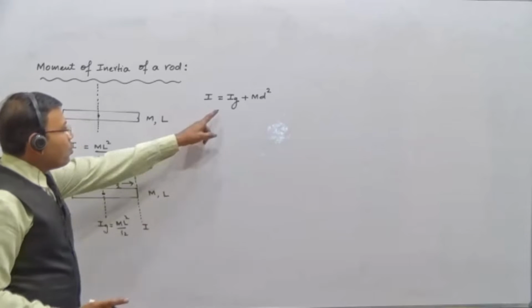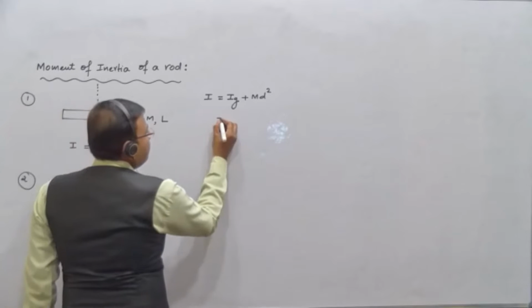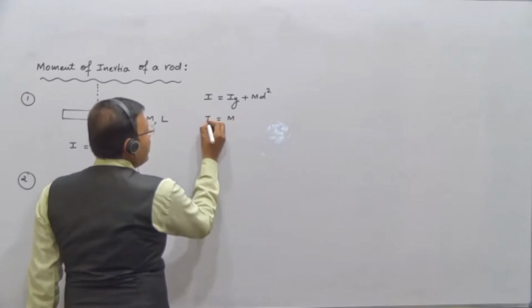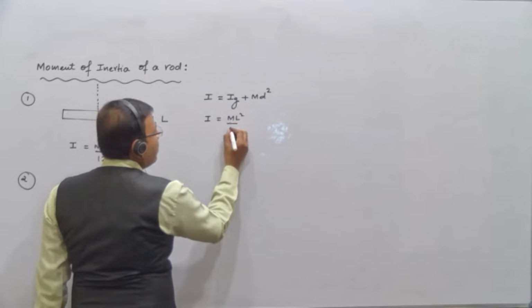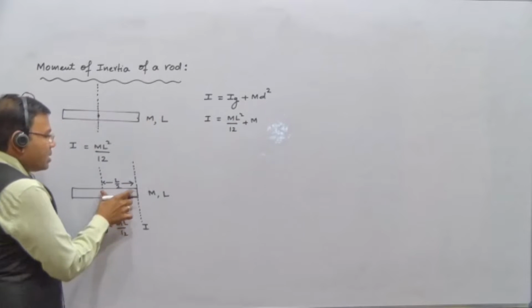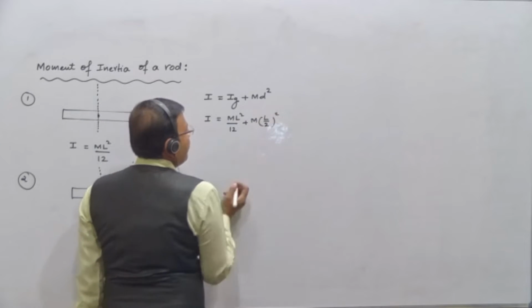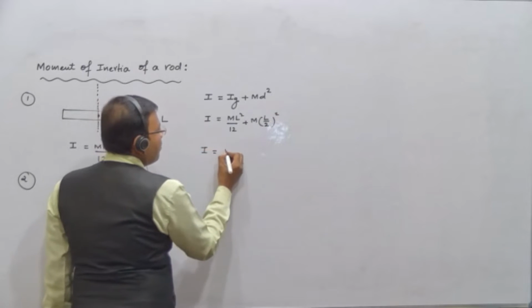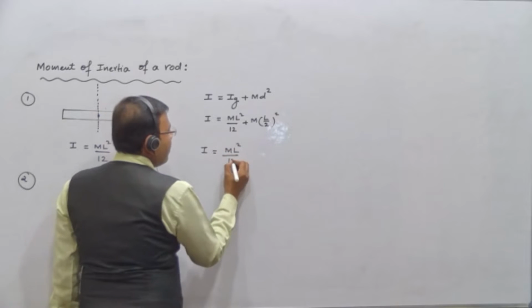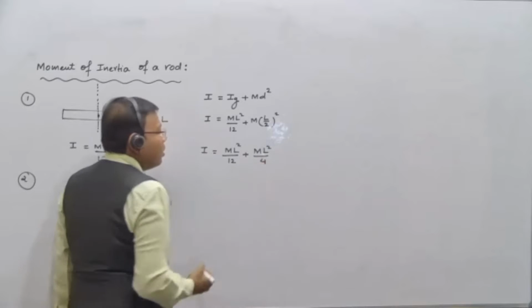So if I go with this, Ig is ML square by 12, plus M d square. d is nothing but L by 2, so I take L by 2 square. So I equals ML square by 12 plus ML square by 4.